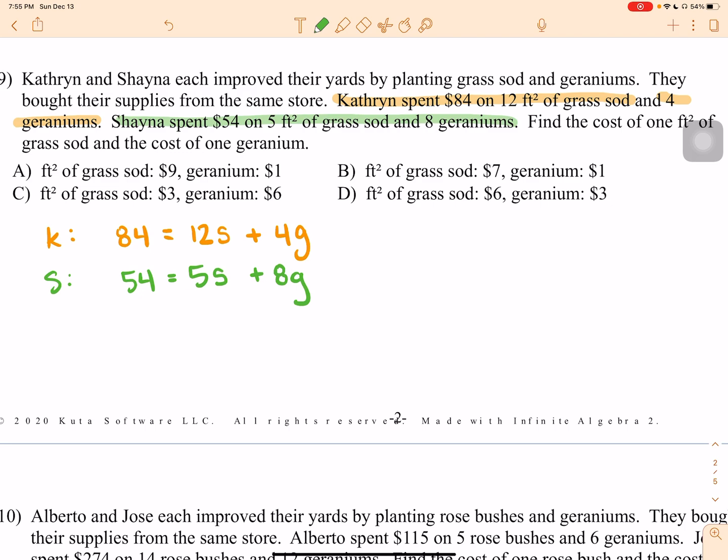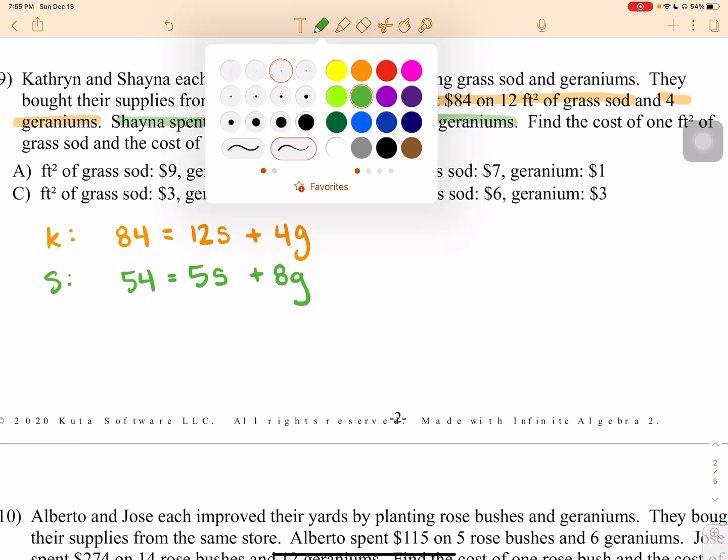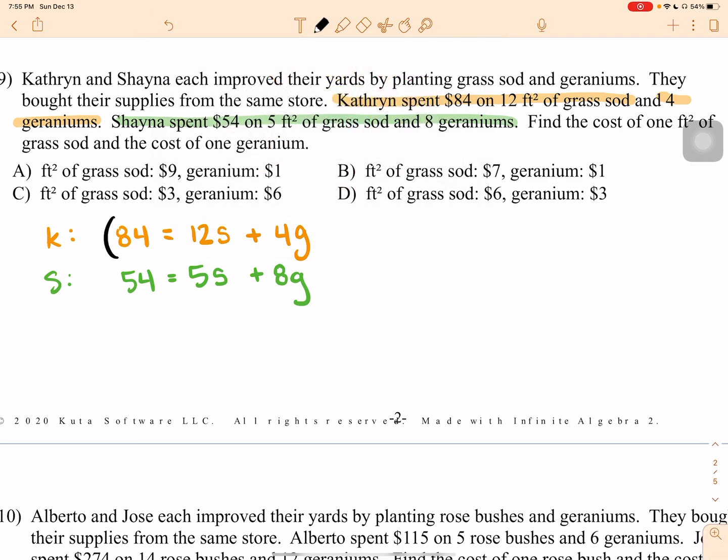We can start trying to figure out which one we want to eliminate, or we can try to use substitution. I personally would go for elimination here. You guys could also even graph these and see where they intersect on a graph. So what I'm going to do is multiply the top here by -2 in order to eliminate the geraniums.